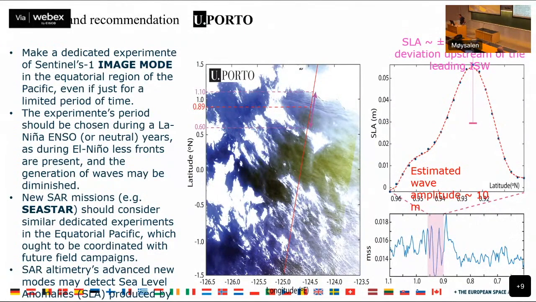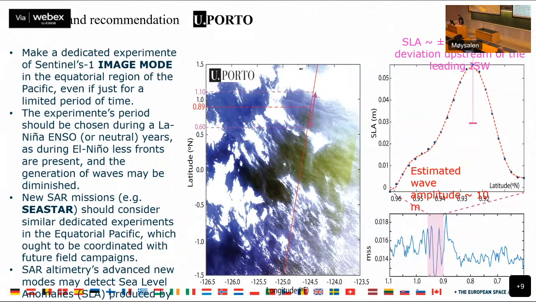And so we can see on the upper part the internal wave packet on the sun glitter. Since Sentinel-3 has also an altimeter, we see also the cross section from the altimeter, which is an estimation of the mean square slope.